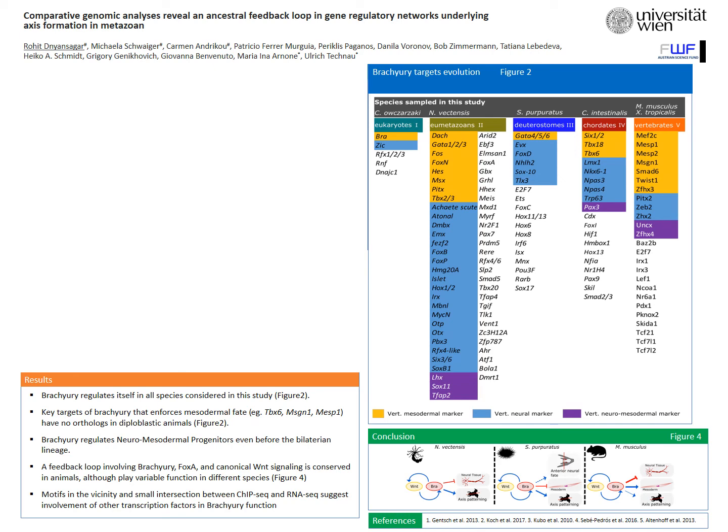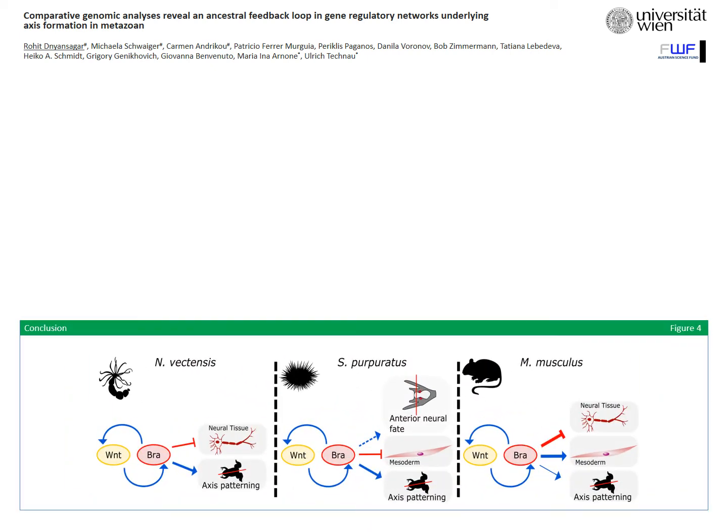We now take a look at the conserved feedback loop in more detail. Although the conserved feedback loop is there in all animals we studied, involving Wnt genes, brachyury and FOXA, it performs variable functions in these species.